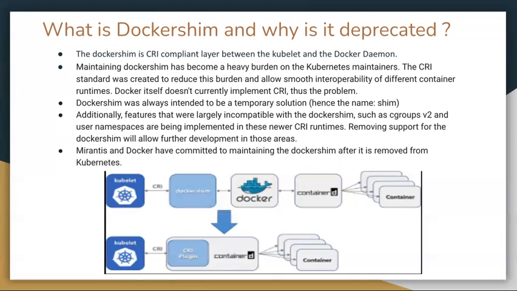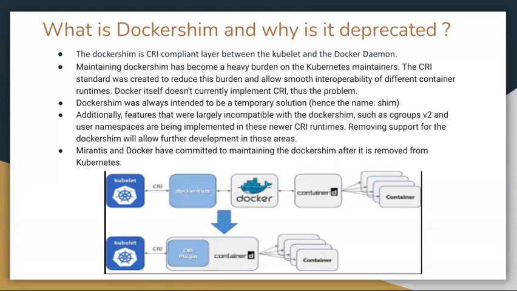Additionally, a feature that was largely incompatible with the Dockershim was cgroups version 2. That is why you were not able to upgrade to the newer version of cgroups and the user namespaces that are being implemented with the newer CRI runtimes. So this is another thing Kubernetes 1.24 will have.